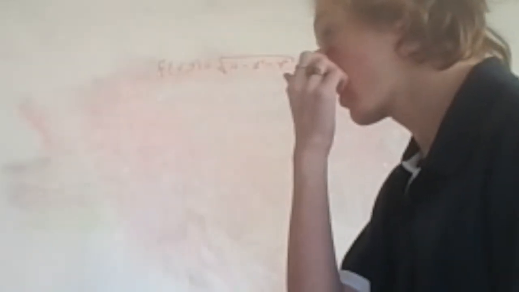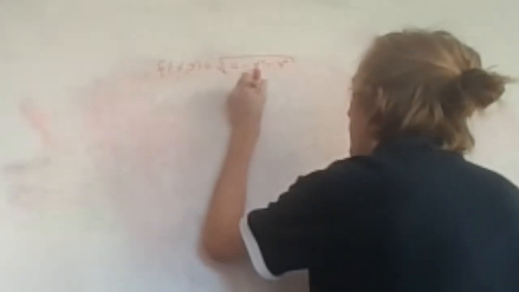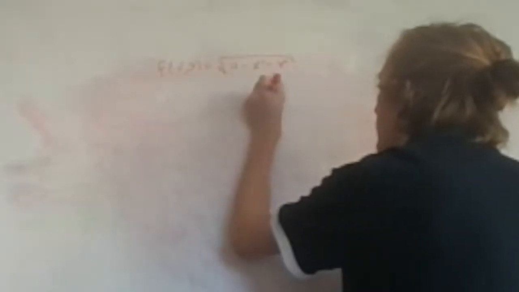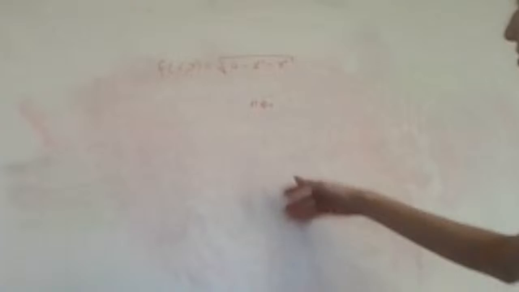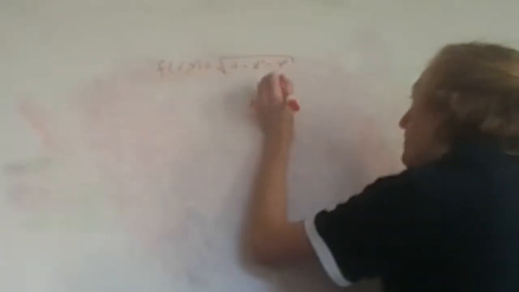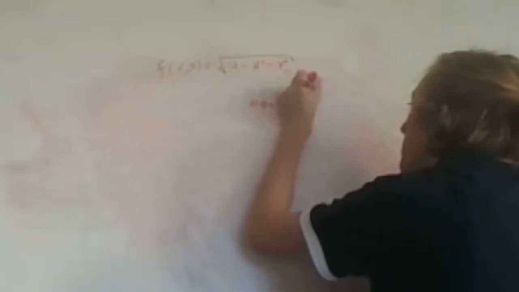And the domain would be a number line with circles and solid things. For example, in the spirit of this question, say f of x would be 4 minus x squared.